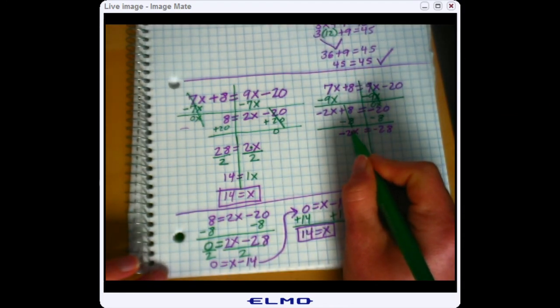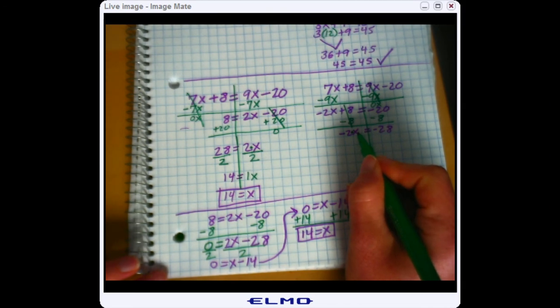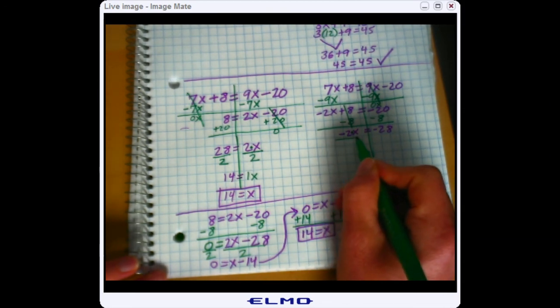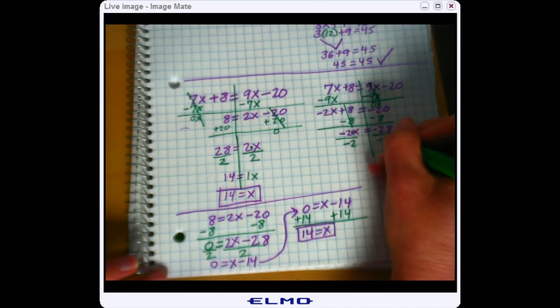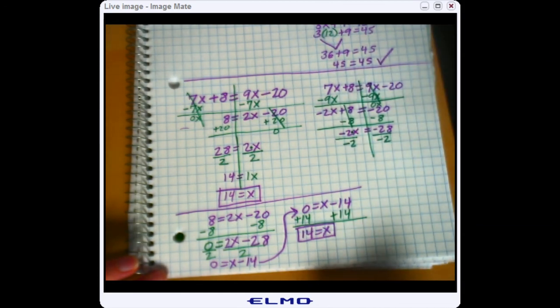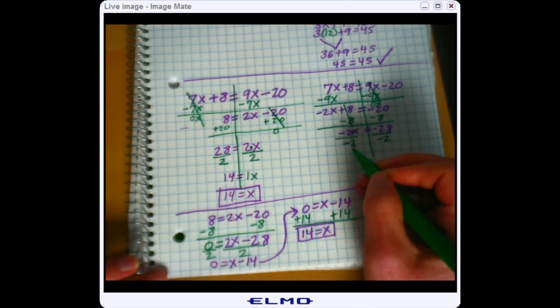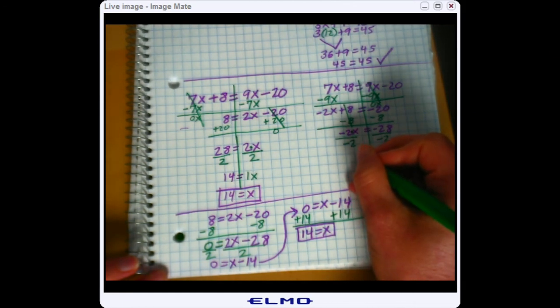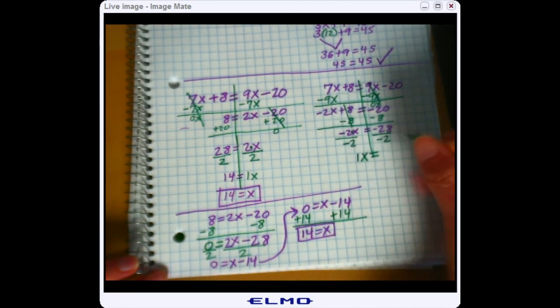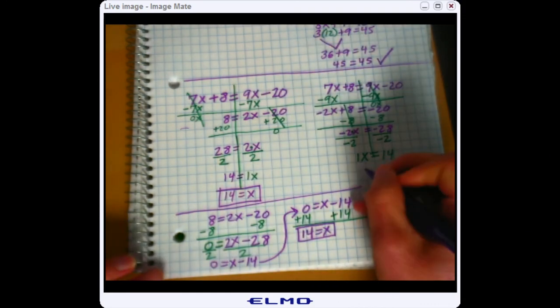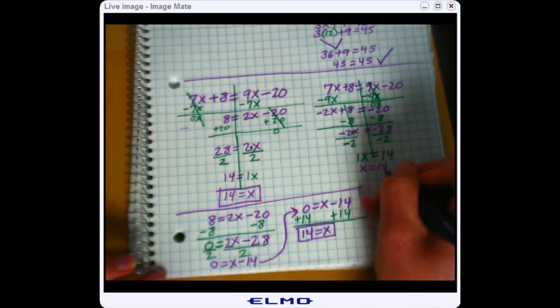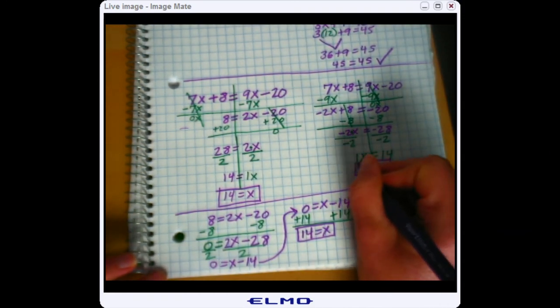Again, when I have a number next to a variable, that means multiply, so my opposite operation is division. I'm going to divide both sides by negative 2. Negative 2x divided by negative 2 is that 1x again, and negative 28 divided by negative 2 is positive 14. Whether I show that 1 in front of my x or not does not really matter. And I get my answer.